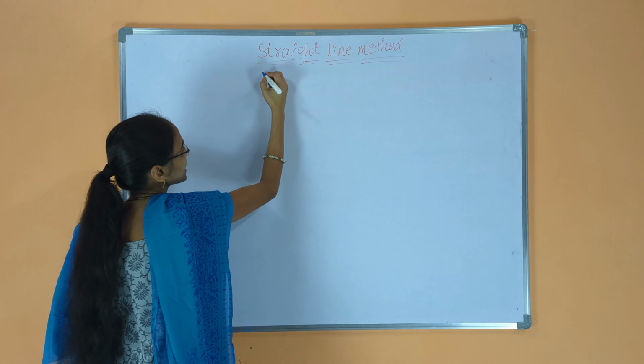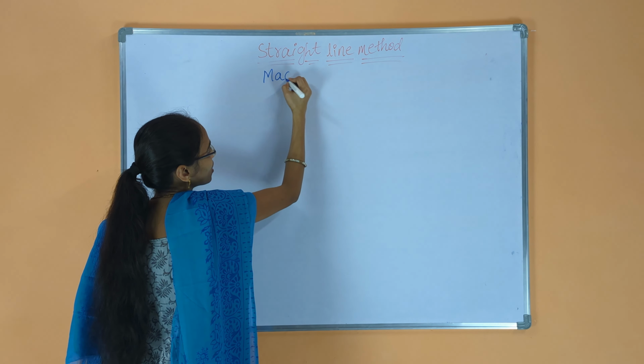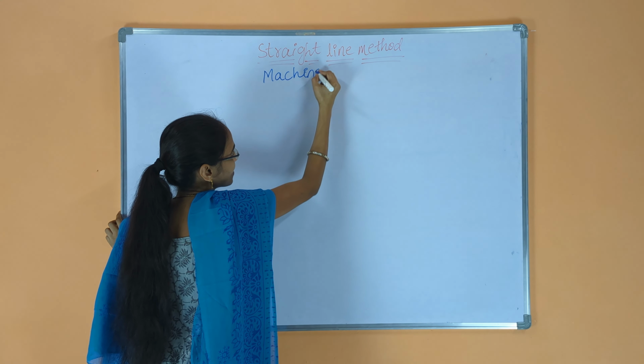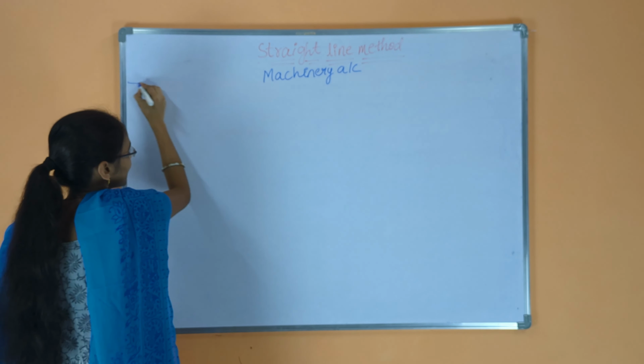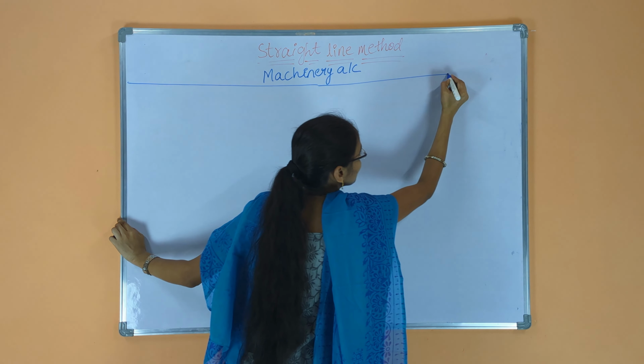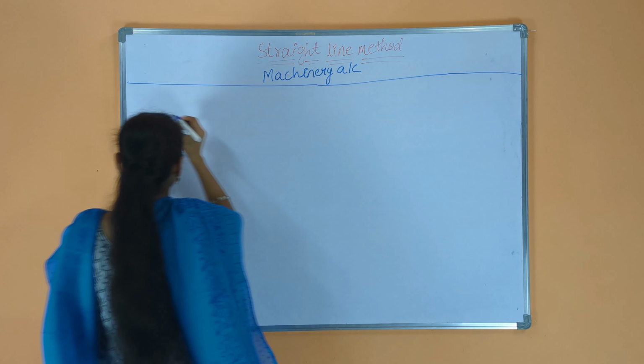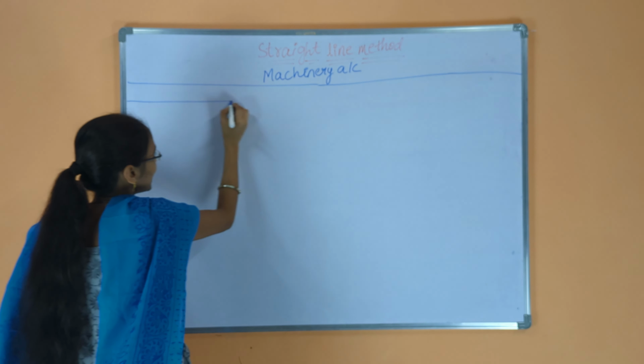On the main heading is machinery account. This is very, very important. Basically an account is in the form of a T shape.